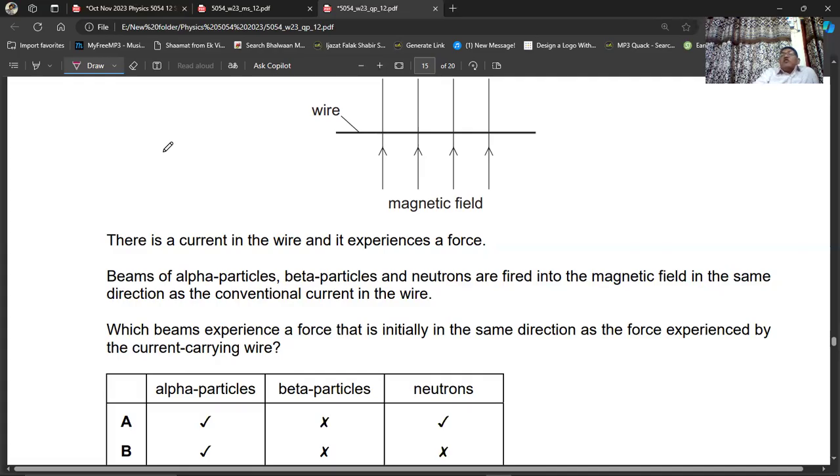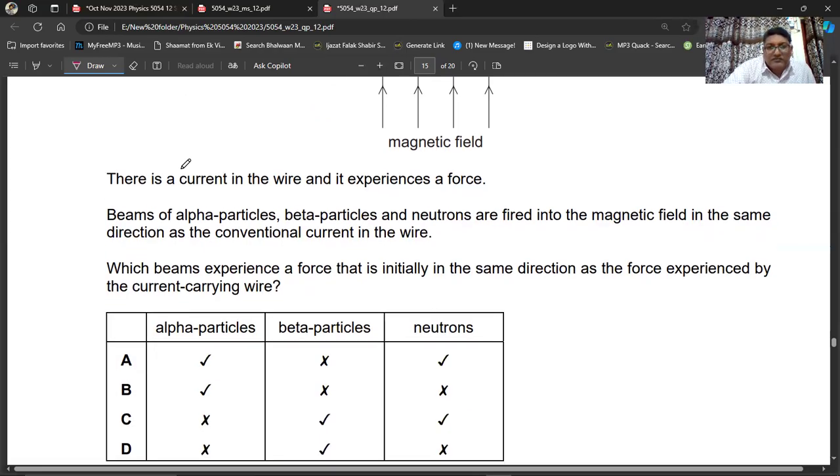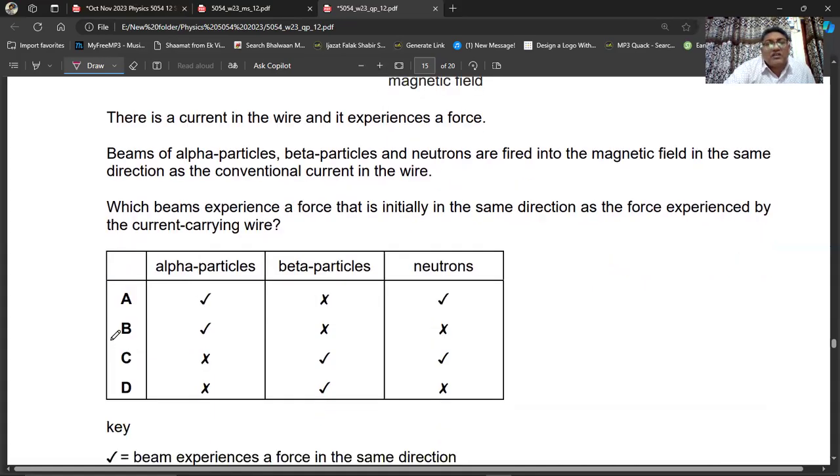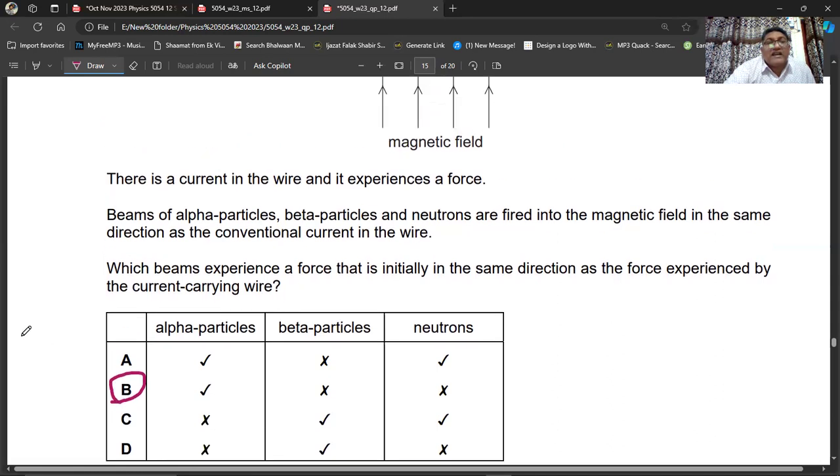Beta particles will not experience that force in the same direction. They will experience the force, but in the opposite direction, because beta particles are electrons, which are negatively charged. Neutrons will experience no force because they are neutral. So I think B is the right option, sir.